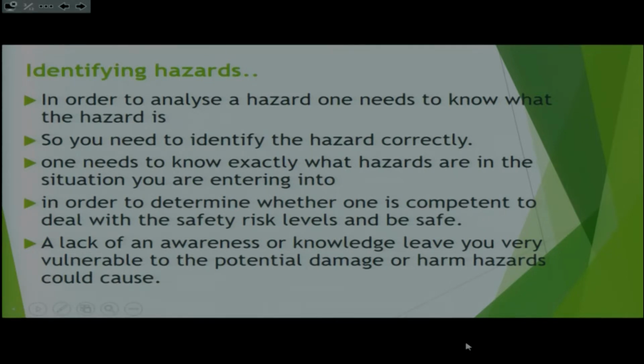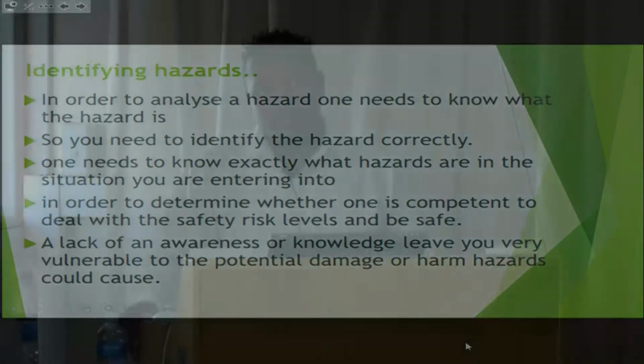Identifying hazards. In order to analyze a hazard, one needs to know what the hazard is. So you need to identify the hazards correctly. If you cannot identify those hazards correctly, you will miss the key risk areas within your risk assessment.